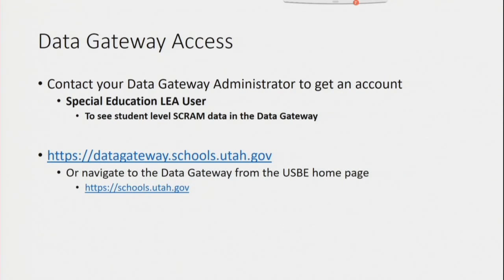The URL for the Data Gateway is datagateway.schools.utah.gov. You can also navigate there from the USBE homepage, which is schools.utah.gov, and then find the link for Data Gateway and click on it.